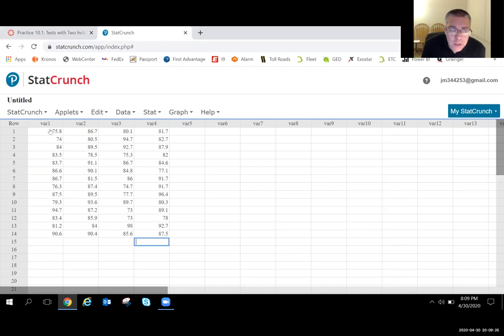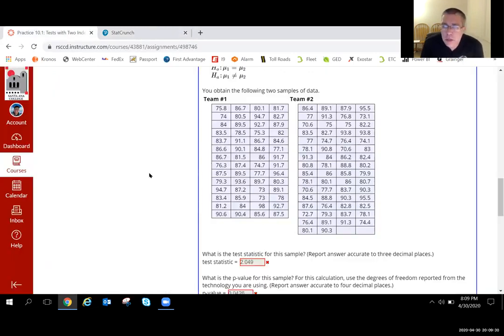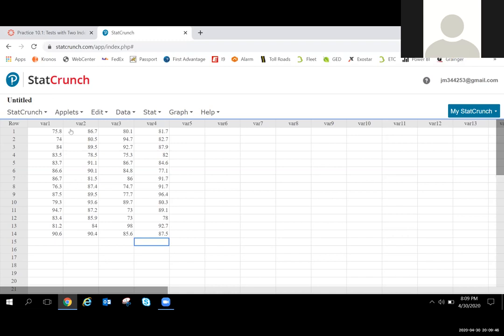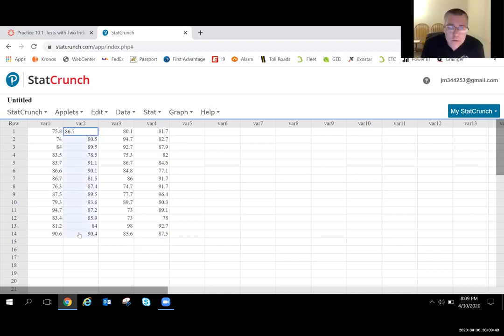Okay, so you entered the data. Let me see the data again. Okay, so team 1 is this one and team 2 is this one. Okay, so unfortunately, you're going to need to copy and paste the second row. Okay, so highlight the second row and put it down here, and then pull it.